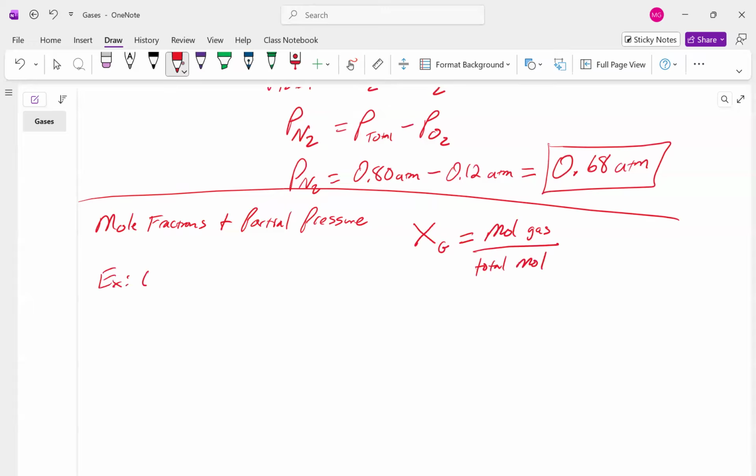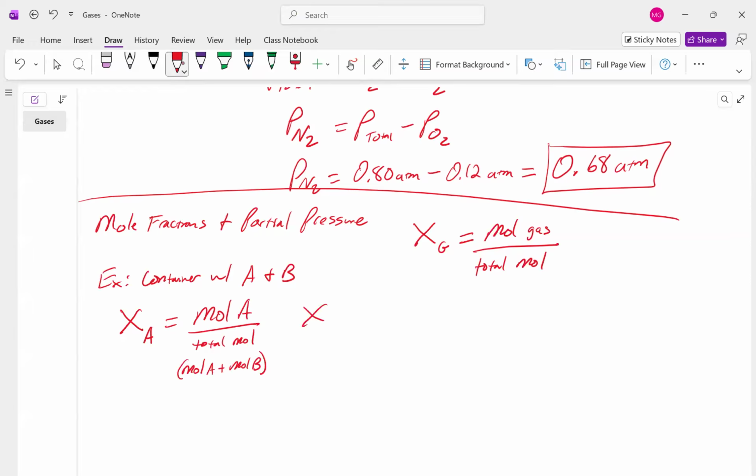So let's say I have a container with two gases in it, A and B. The mole fraction of A is going to be how many moles I have of that gas over the total moles. Okay, and I find that by adding up A and B. And the mole fraction of B is how many moles of B I have divided by the total moles.